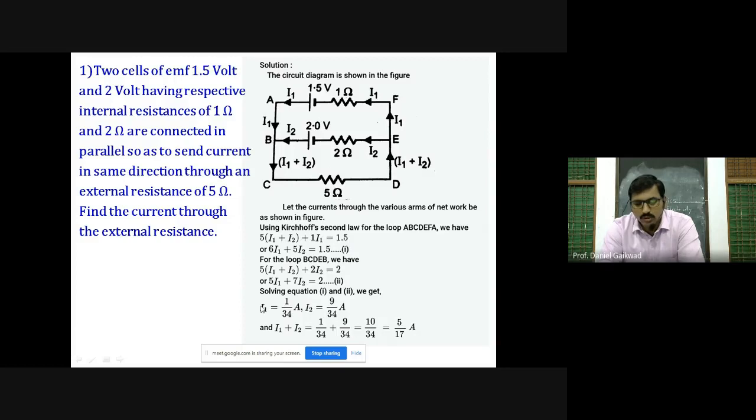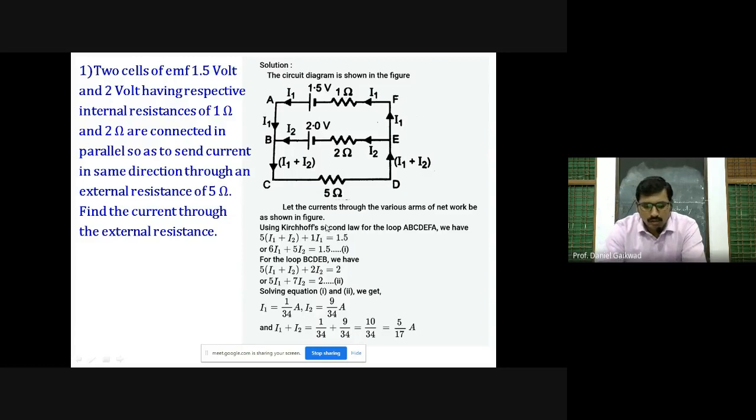Similarly, using the I1 value in one of the two equations, I2 is obtained as 9 upon 34 ampere. The total current I1 plus I2 flows through the external resistance, which we have to find in the problem. So I1 plus I2 is equal to 1 upon 34 plus 9 upon 34, so 10 upon 34, that is equal to 5 upon 17 ampere.